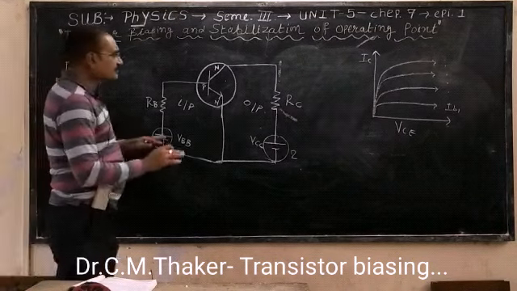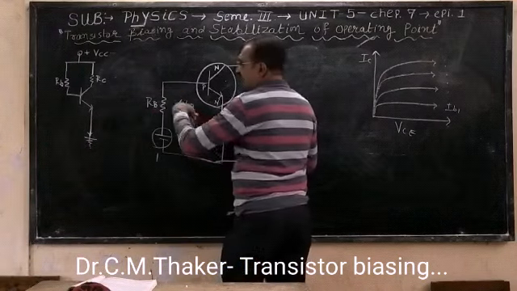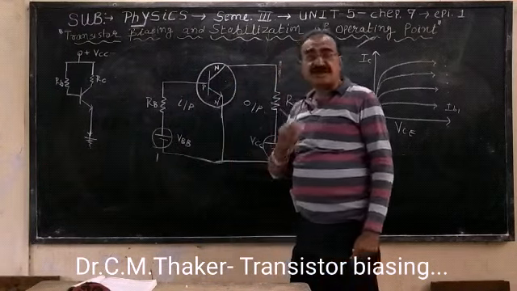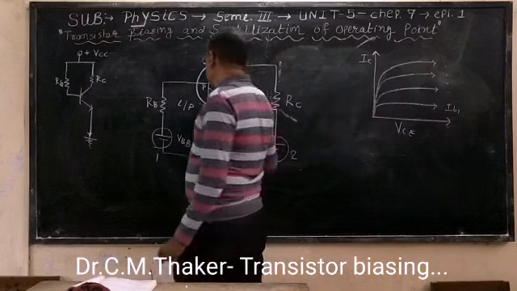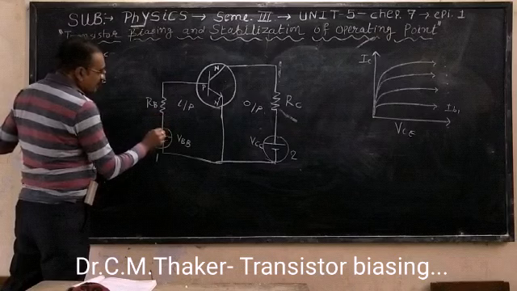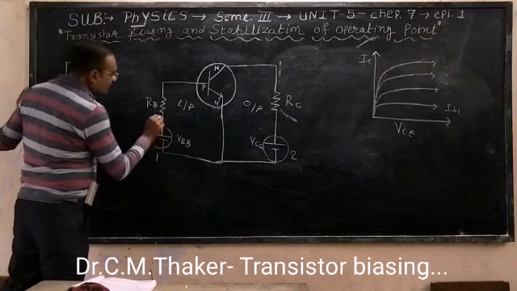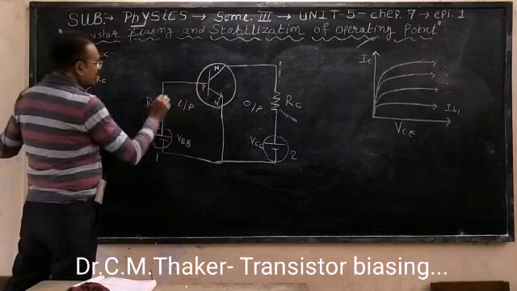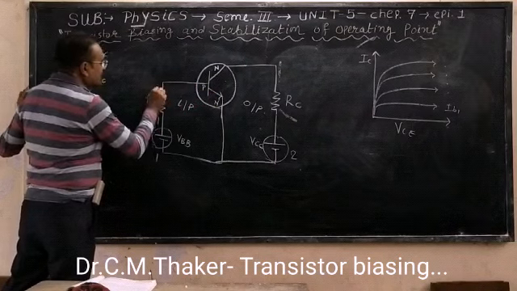So this fixed bias circuit is converted into a single power supply circuit. How? Let us see. Suppose the supply-side terminal of RB is terminal number 1, and the base-connected terminal of RB is terminal number 2.